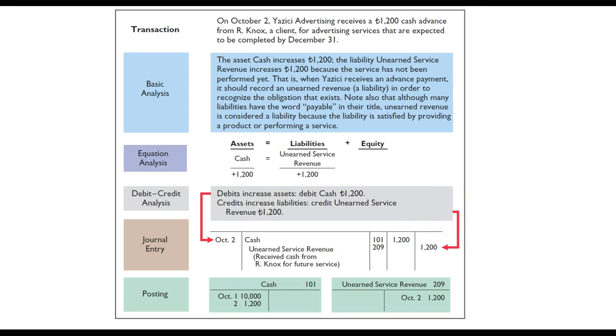Well, when I receive money before I actually perform the service, I have a liability to perform that service. So that liability is called unearned service revenue. So in this case, I debit cash, $1,200 because I received it, and I credit unearned service revenue. And there you have the ledger cards for cash and unearned service revenue.